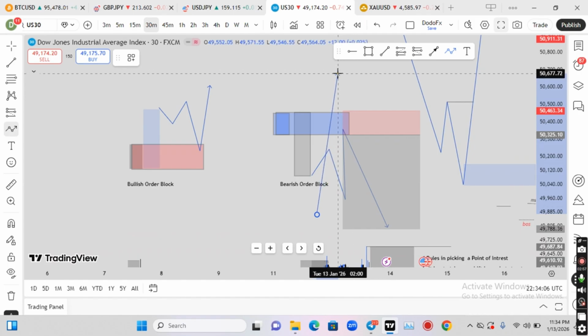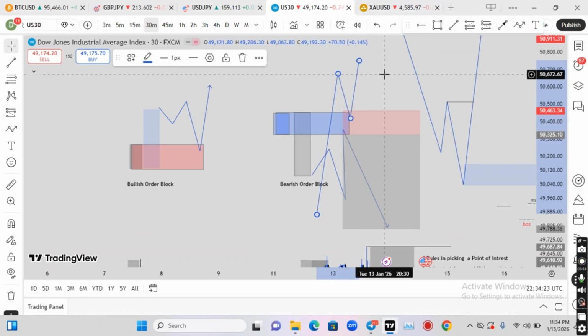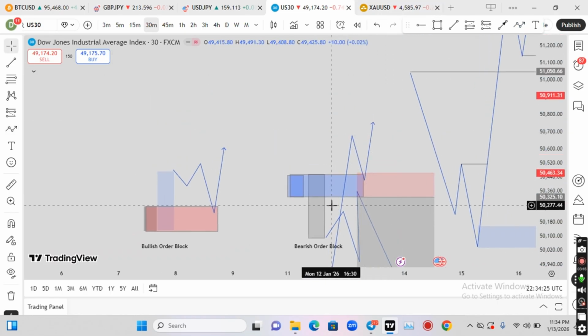Once it breaks it, that zone serves as a failed order block. That means the direction of that trade is about to change. So we're expecting the trade to come back, tap into it, and then move. Once it breaks it like this, we call this zone our breaker block.